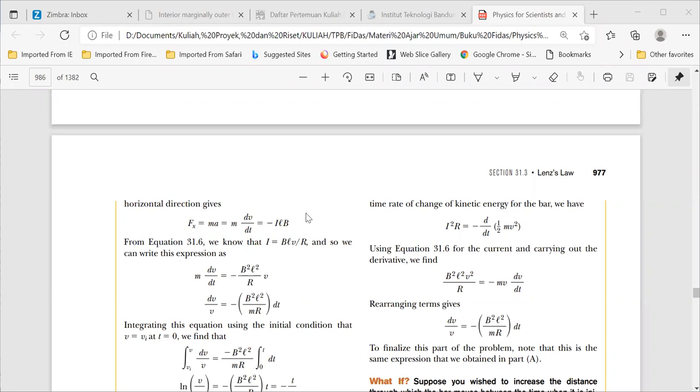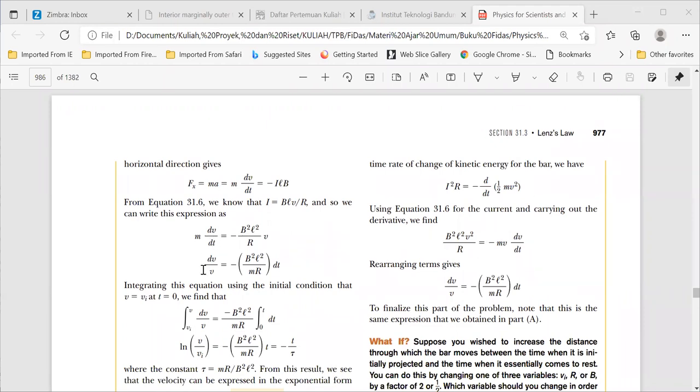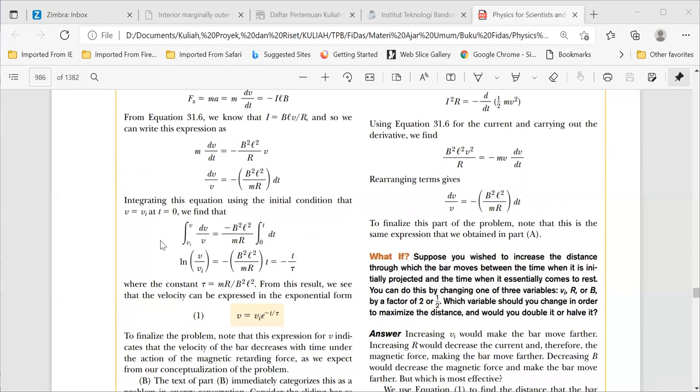If we plug this I into the above equation and integrate, we get equation 1. It means that at t equals 0, the velocity is Vi.